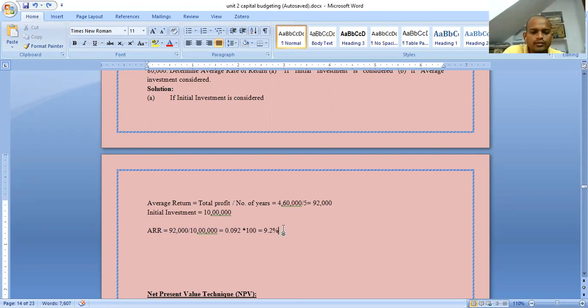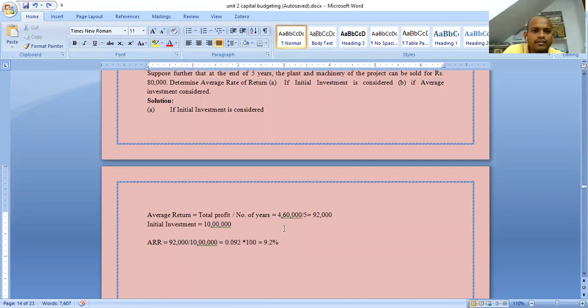Coming to the next case, if average investment is considered, what will be the average rate of return? Average return is 92,000, just now we calculated it.